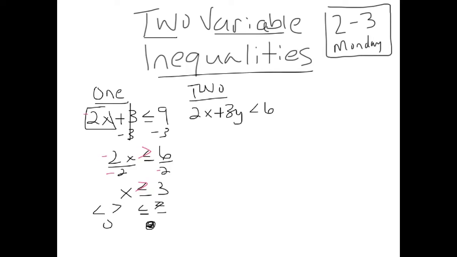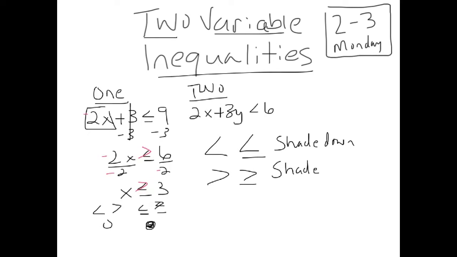Well, we have new rules for today, so find a place on your sheet to write these down. Less than or equal to means shade down. Less than is down. Greater than or equal to means shade up. Less than, greater than, dotted line.